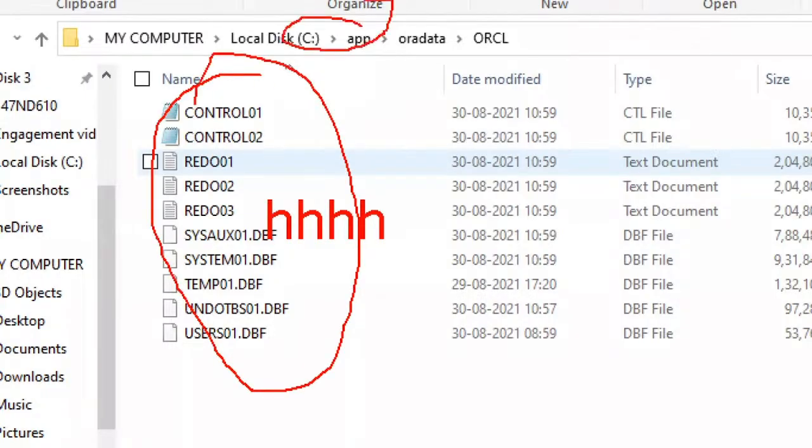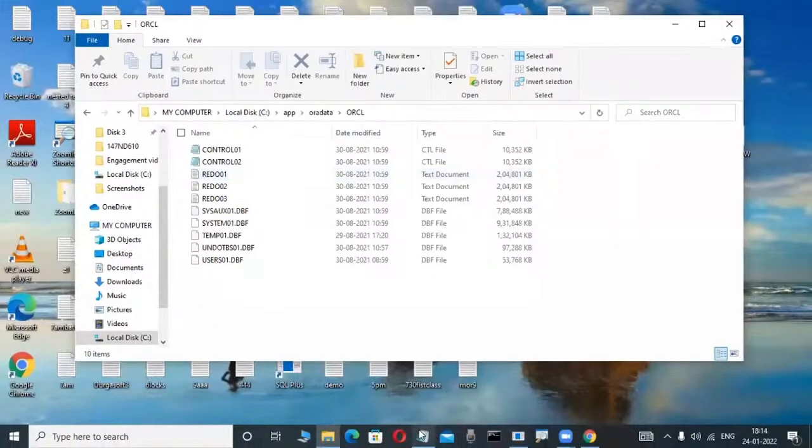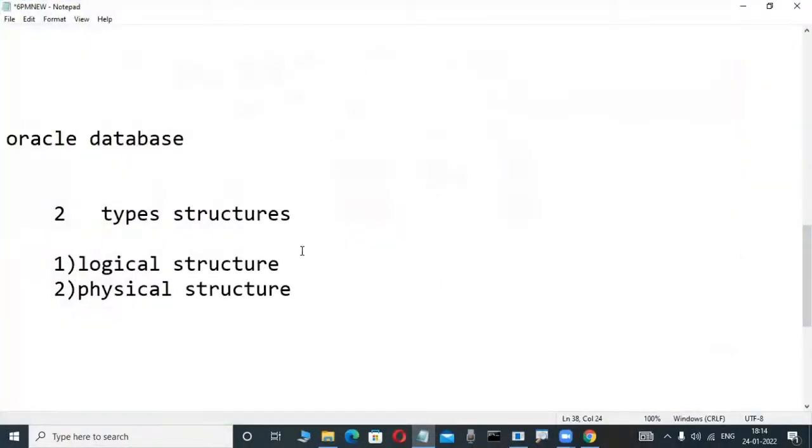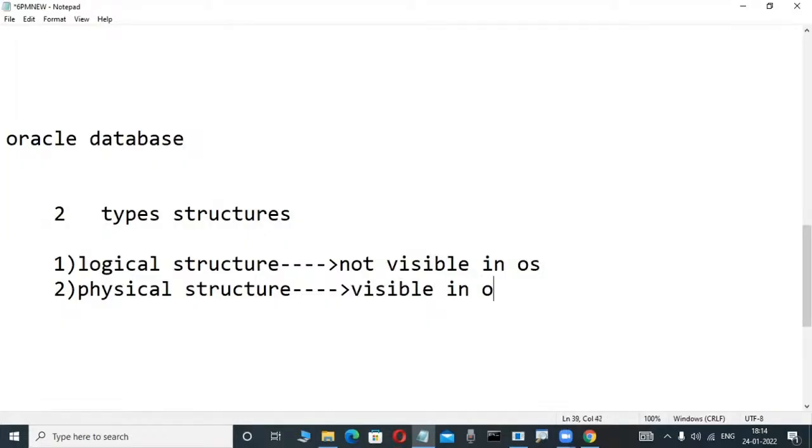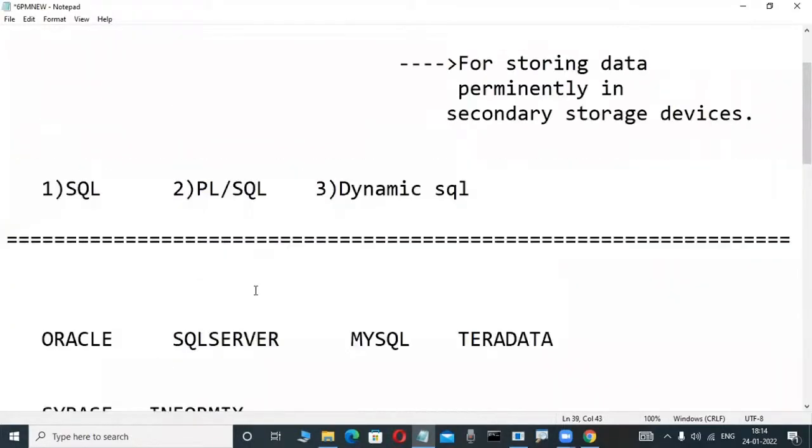That's why a logical structure is a structure which is not visible in the operating system. A physical structure means whenever we install Oracle, SQL Server, DB2, physical files are created automatically. That's why a structure which is visible in the operating system is called a physical structure. I told these things in a previous class.